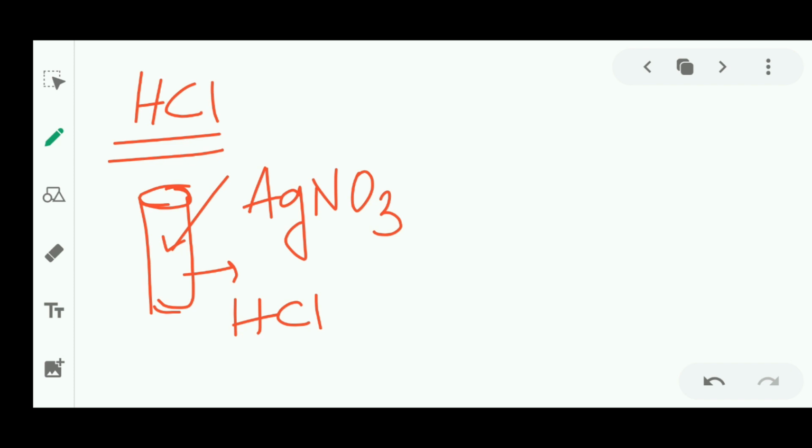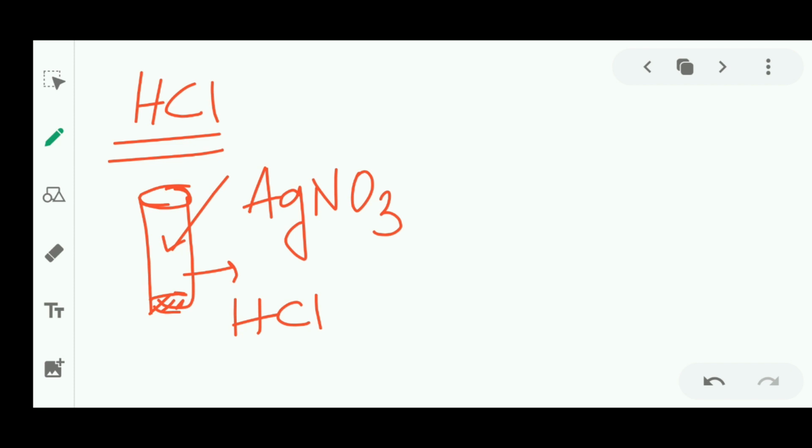After shaking for a while, you see a curdy white precipitate form at the bottom, like before. That curdy white substance is insoluble in nitric acid, but it dissolves in ammonium hydroxide due to the formation of a complex salt.